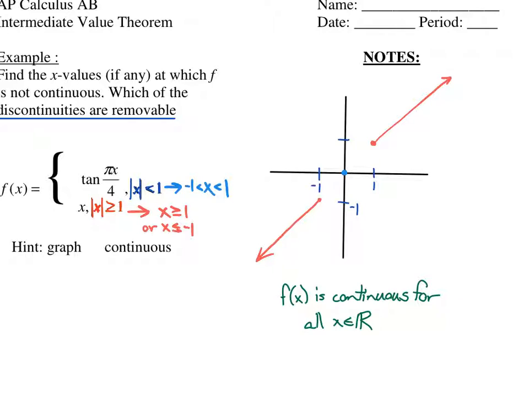Now, we've got to figure out what this is going to look like. So the period for tangent of pi x over 4, if you remember, is the usual period, which in this case is pi, divided by the b. The b is that thing that's multiplied by the x. So this is pi divided by pi over 4, which just equals 4.